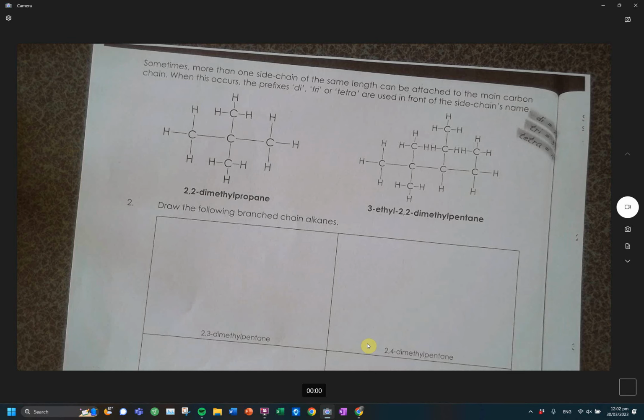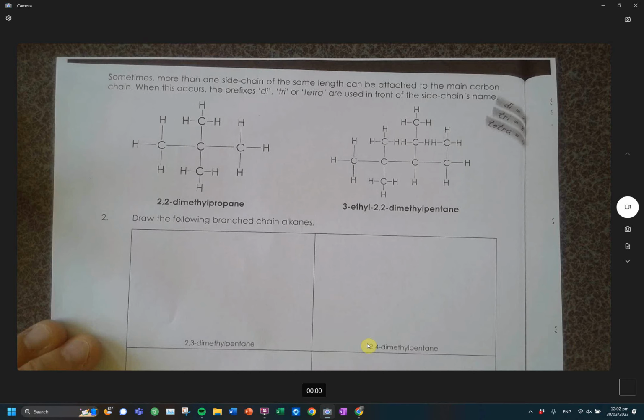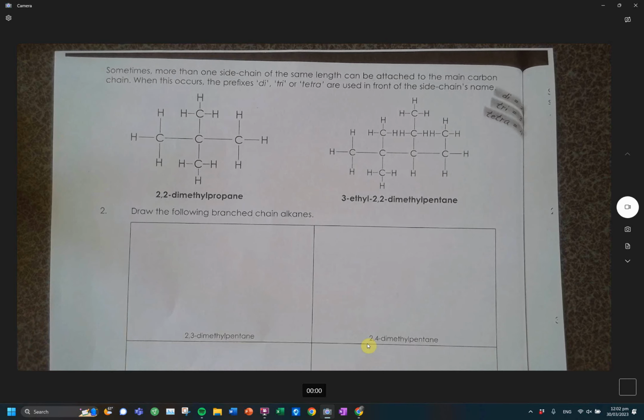Some things to keep in mind when we're talking about organic chemistry is that we have things called parent chains and side chains.